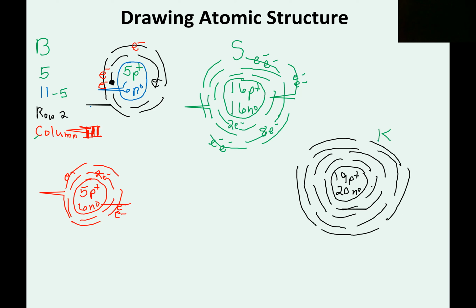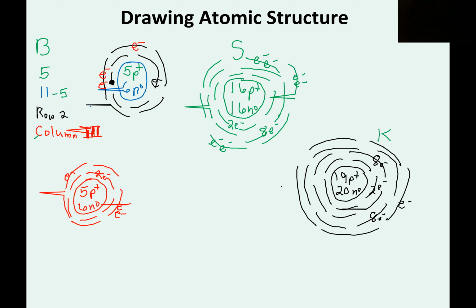So 2 electrons in the first shell, 8 electrons in the second shell, 8 electrons in the third shell, and 1 electron in the valence shell, because potassium's in the first column and the fourth row. So that's how you draw the atomic structure of an atom.